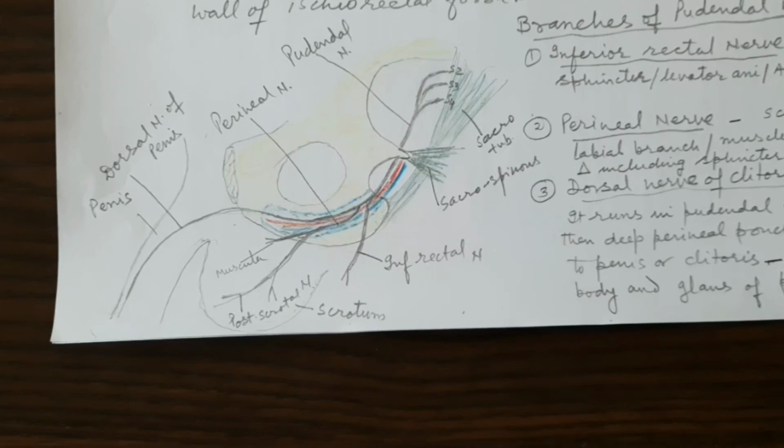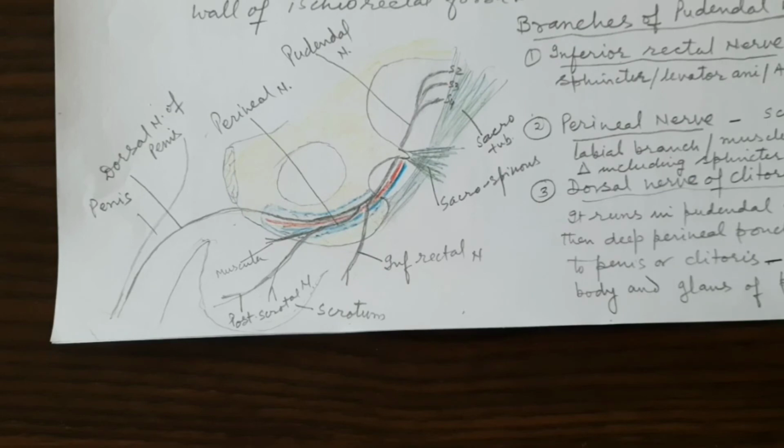Through this gap it will come out, and then it will go onto the dorsal surface of the penis just beneath the skin, and then it will supply sensory fibers to the penis, not only to the body of the penis but also to the glans penis, skin of the body and the glans penis.